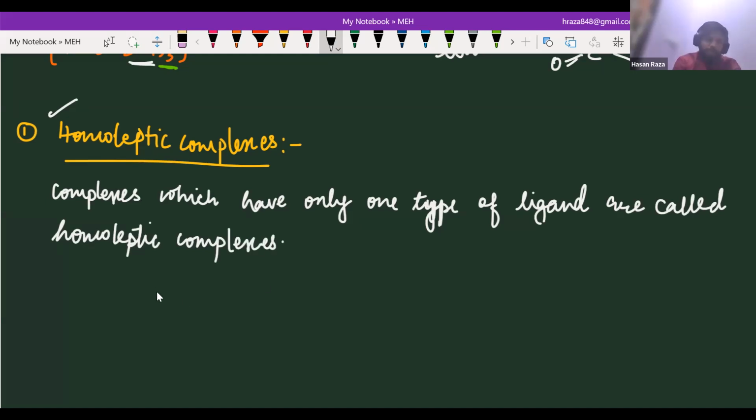As for example, we can take K3 Fe(CN)6. If the same type of ligand is present, that is homoleptic.